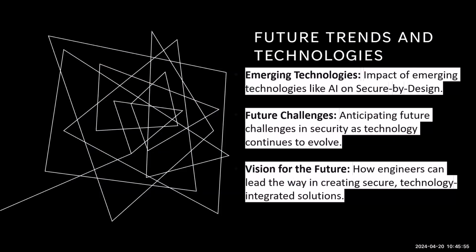Future trends and technologies. Emerging technologies impact us a lot. Like, for example, AI on secure by design. Of course, I'm a user of AI now. We cannot get away with it. We're living with it. However, I'm still concerned about how they secure it. There's one very well-known attack on AI now.